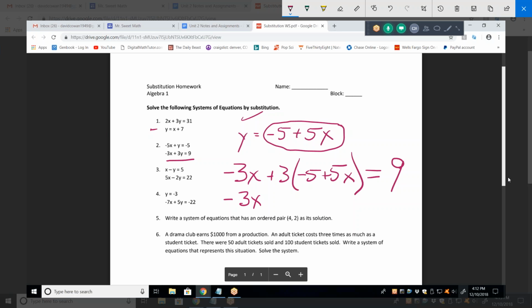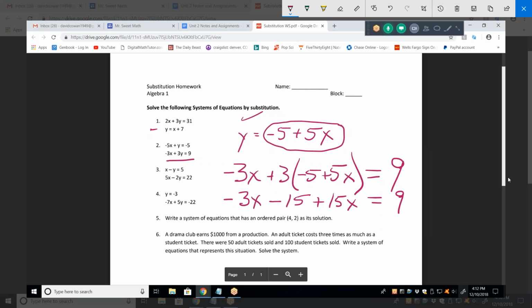So negative 3x plus negative 15. Okay, now that's a plus and a minus together, which means it's just minus 15. So minus 15 plus 15x, very important, equals 9. Okay, good. Now what?